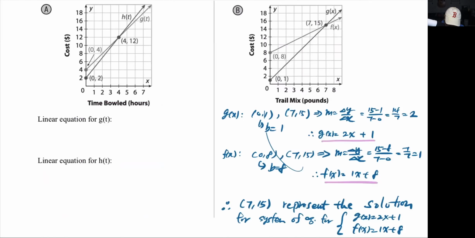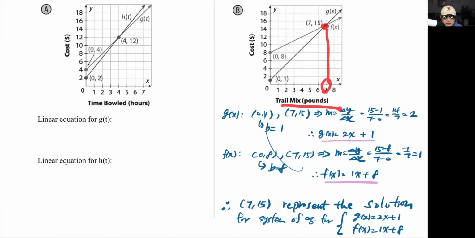Sorry, I was so busy teaching that I even forgot about what I'm teaching. So in this particular case, what you should have said was, we need to add extra words here, right? That 7 represents the 7 pounds of mixed trail mix, right?